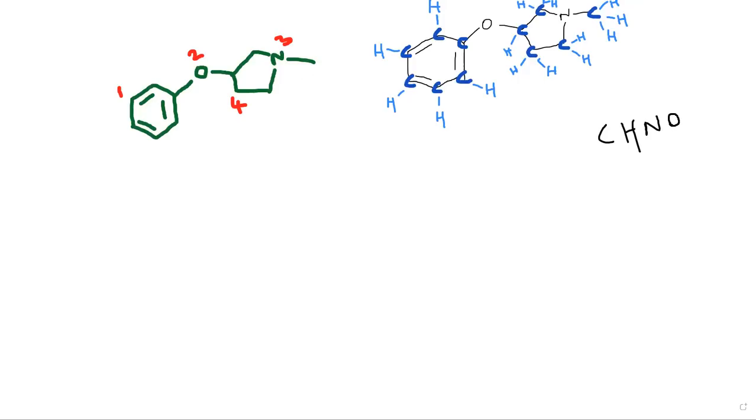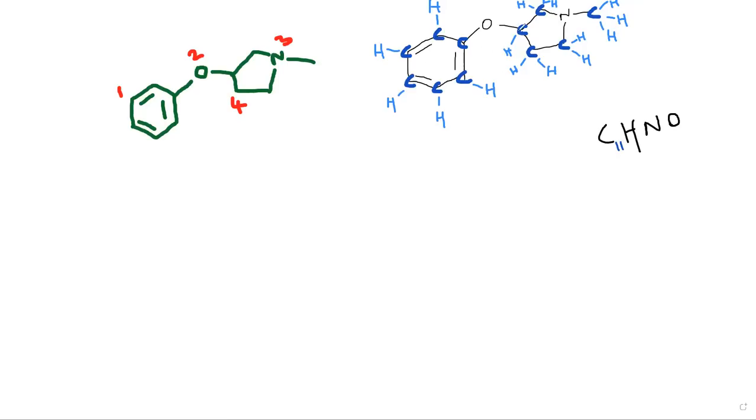If you count the number of carbons first, you have 1, 2, 3, 4, 5, 6, 7, 8, 9, 10, 11 carbons.